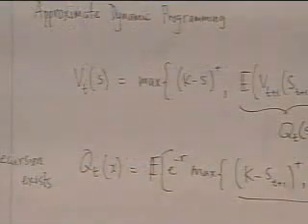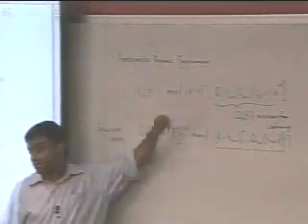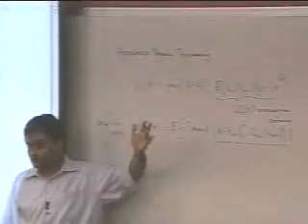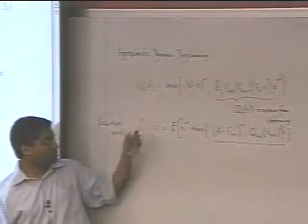But for our purposes, for the discussion that I want to talk about right now, V_t and Q_t are equivalent. If I can compute Q_t, I can tell you whether I'm going to exercise or not. If Q_t is greater than this value, I will not exercise, and if Q_t is less than this value, I will exercise. So in terms of trying to compute the optimum solution, I don't really care whether I compute this or I compute that.